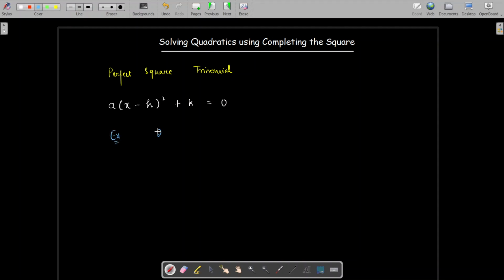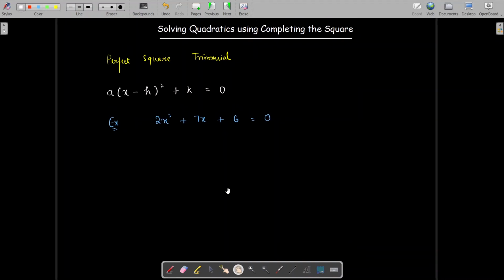Let's say we have this quadratic equation: 2x squared plus 7x plus 6 equals 0. Now I have taken the case where the leading coefficient is not 1. The leading coefficient is the coefficient of the x squared term.